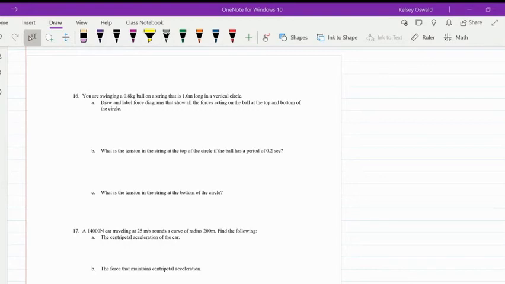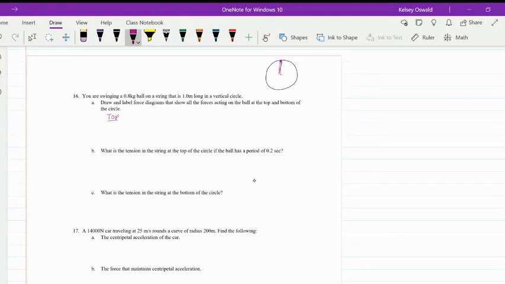So kind of like our loop problems, but here we are going to be swinging a 0.8 kilogram ball on a string in a vertical circle. Okay, so we want to draw and label force diagrams to show all forces acting on the ball at the top and bottom of our circle. So when our ball is at the top, we have our string.